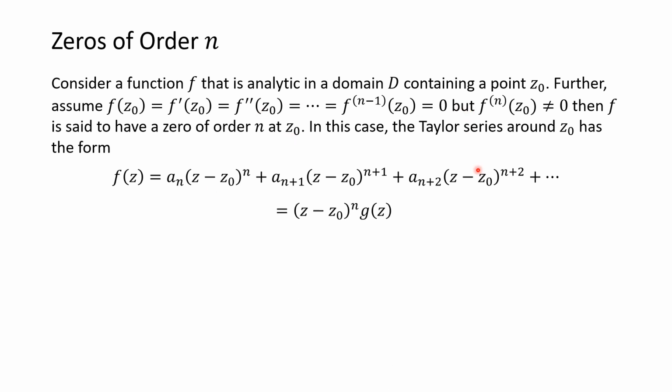And of course we can factor out z minus z sub 0 to the n, and then what's left is some function g of z, where g of z looks like this here.